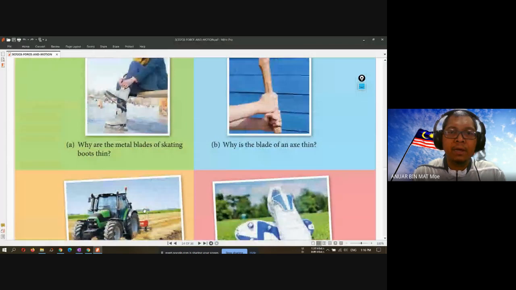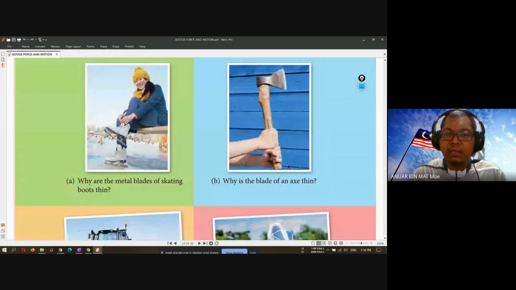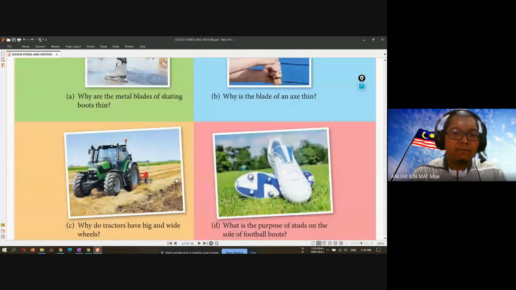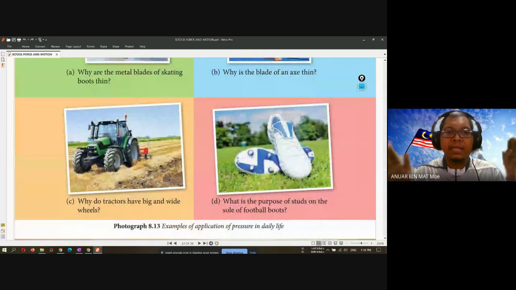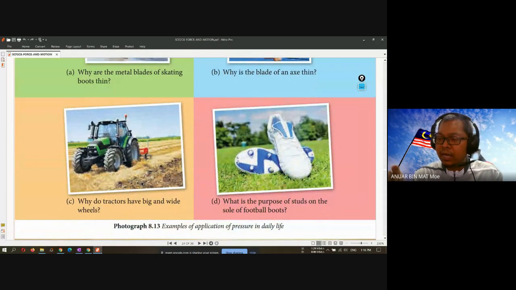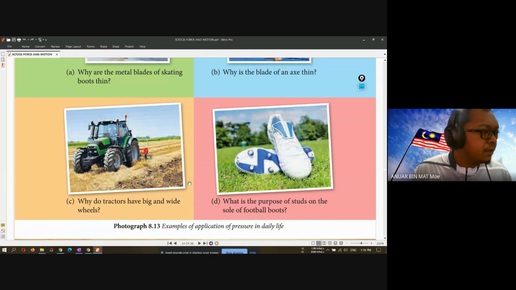For example, an axe needs a thin blade, and the tractor here must have large and big wheels, because they do not want the tractor to sink into the ground. Can you understand the pressure? Is it okay, class?